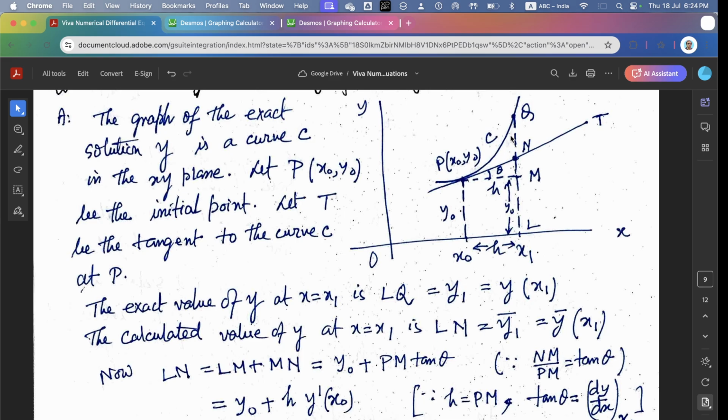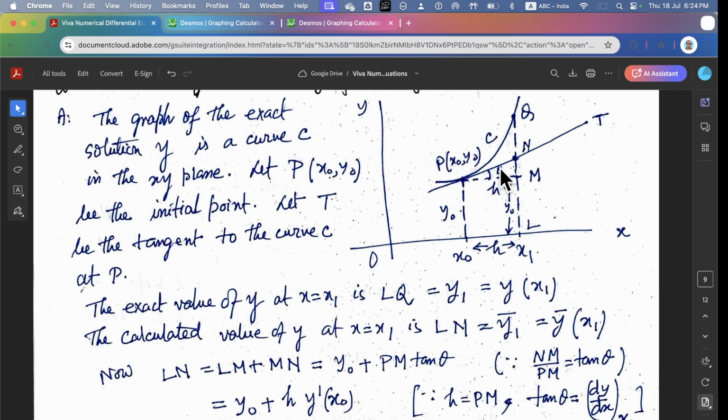Now LN equal to LM plus MN. So LM, from this picture, is the same height as y0. So y0 plus PM, because NM by PM equal to tan theta. This theta is the angle the tangent makes with the positive x-axis.